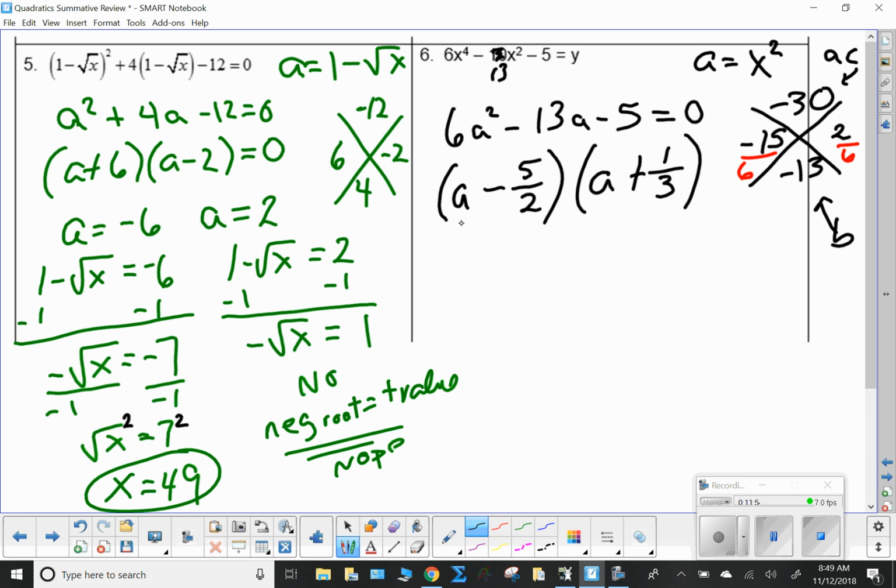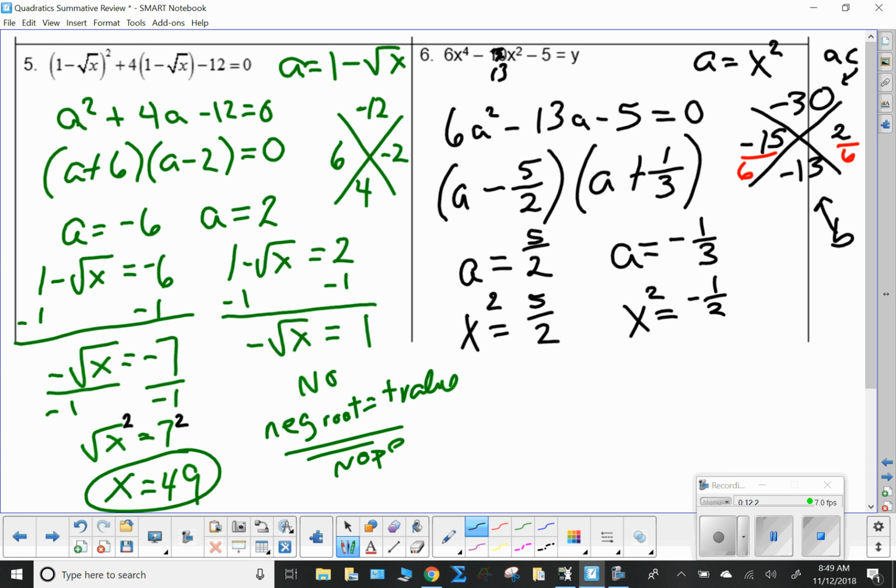So I can go ahead and just say that a is equal to 5/2, or a is equal to negative 1/3. What is a? It's x squared. So x squared is equal to 5/2, and x squared is equal to negative 1/3. Now, before you say, no, you can't have the negative, remember we know about imaginary units.